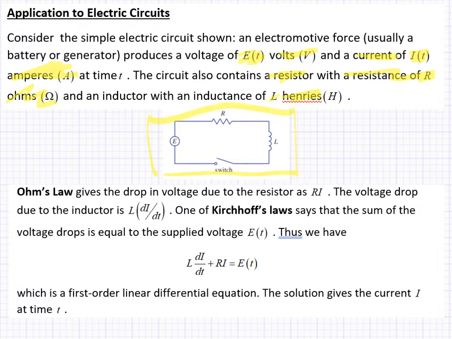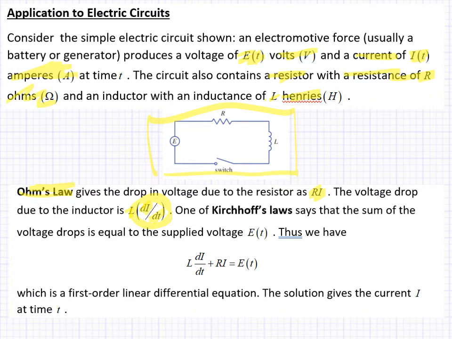So we have Ohm's law. Ohm's law gives the drop in voltage due to the resistor as R times I, so that's the resistance times the current. The voltage drop due to the inductor is L times the change in I over time. This derivative of I with respect to t is the change in the current over time.